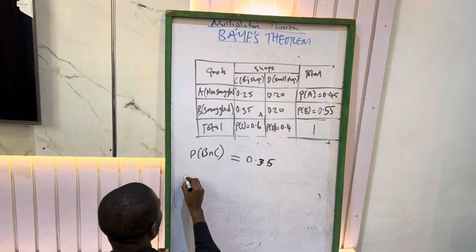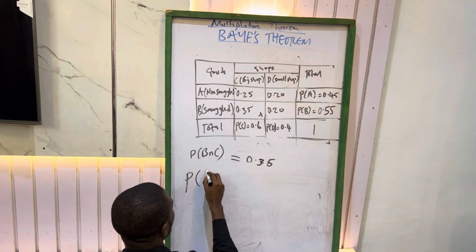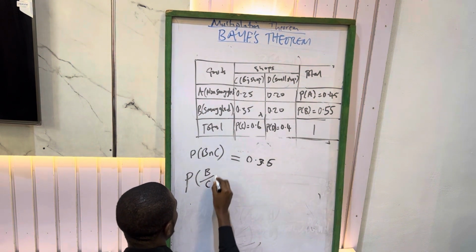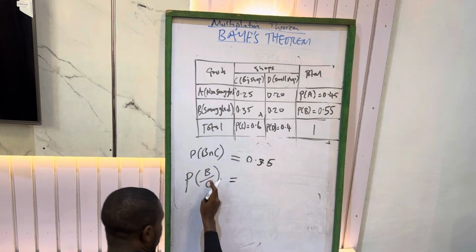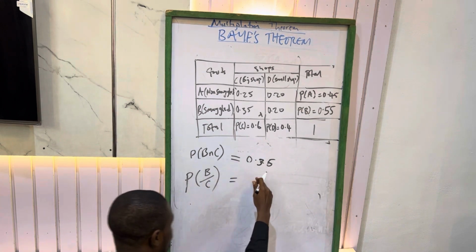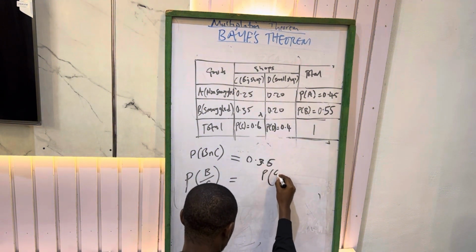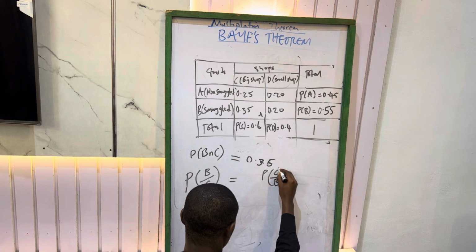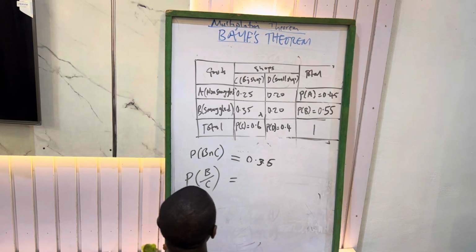Now they ask us to find probability of B dependent on C. You know from the Bayes equation formula I gave you, whenever you see it like this, it will give us the opposite. This will be probability of C dependent on B, or aside this way, let me not go too deep on Bayes.